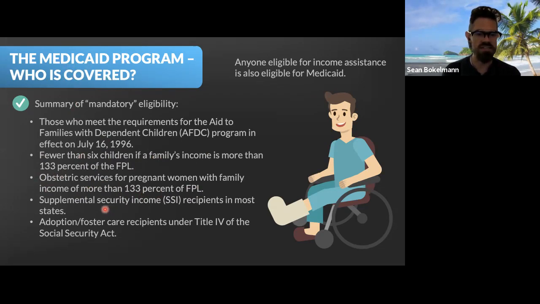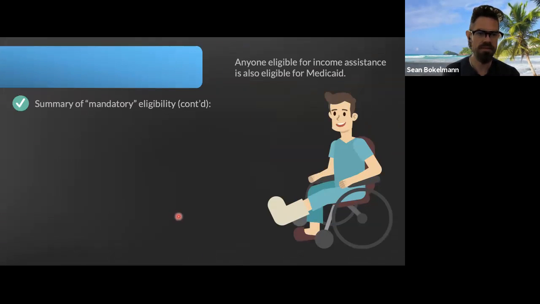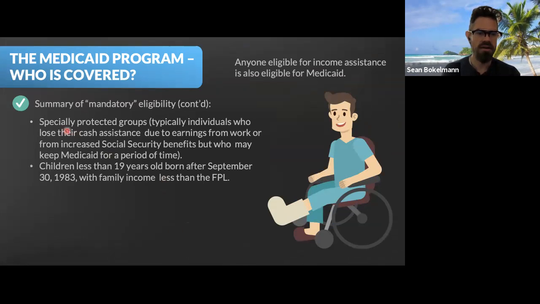Anyone who is a recipient of supplemental security income in most states, but not all. Adoption and foster care recipients under Title VI of the Social Security Act are eligible for Medicaid. Specially protected groups are eligible for Medicaid, particularly those who lose their cash assistance due to earnings from work or from increased Social Security benefits, but who may keep Medicaid for a period of time.